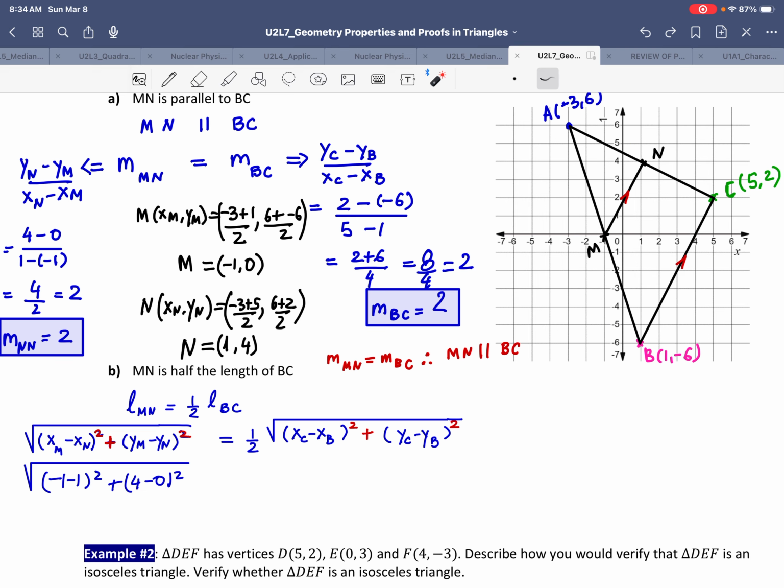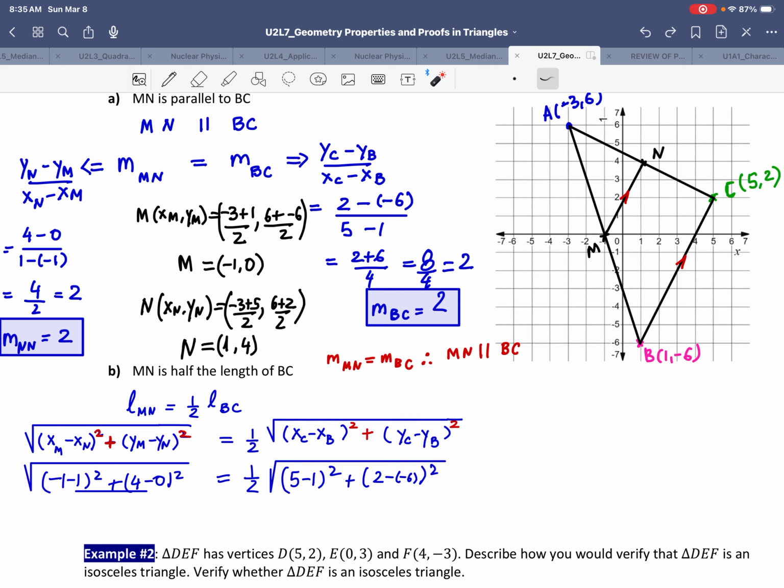Now, next we have 1/2 of the square root of x at C minus x at B, 5 minus 1 to the power of 2. And then plus, now we're going to do the y's, 2 minus -6 raised to the power of 2.